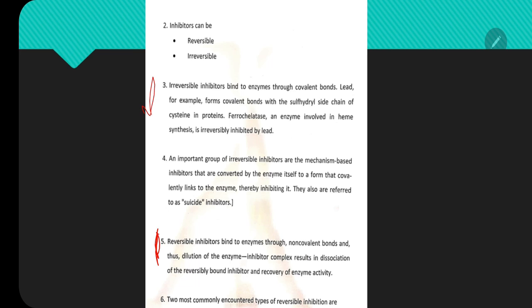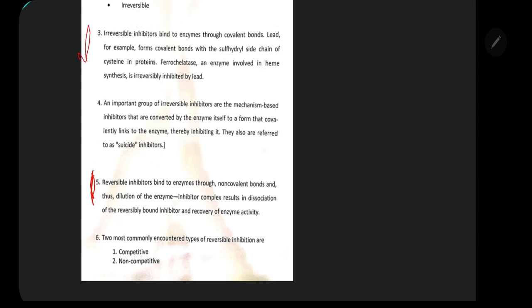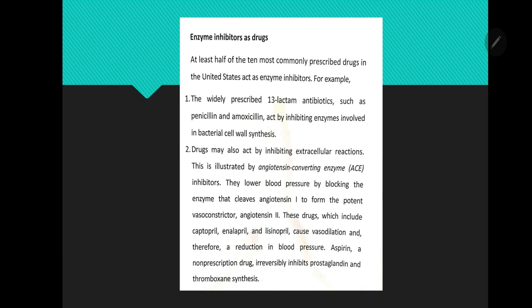Then there are certain drugs. Sometimes there is a question in the university paper on the role of drugs as inhibitors. I have tried to explain here the effects of certain drugs, and particularly the one mentioned in your syllabus is the statin drugs.